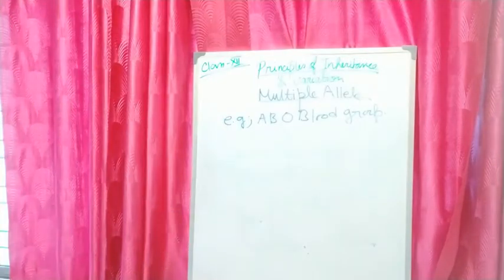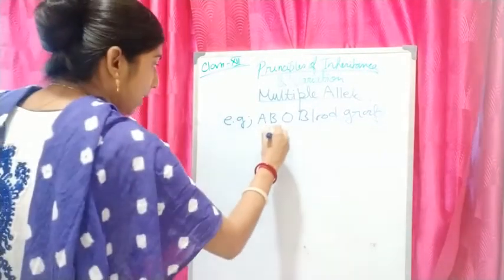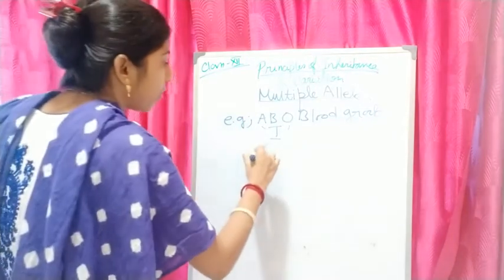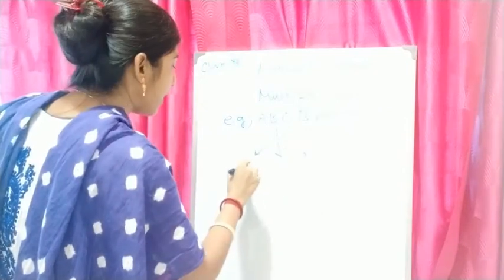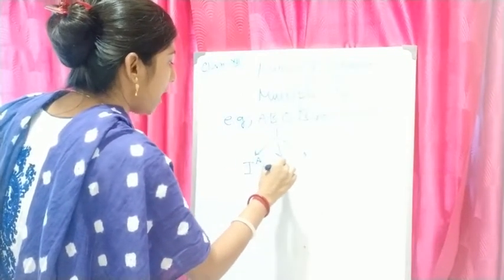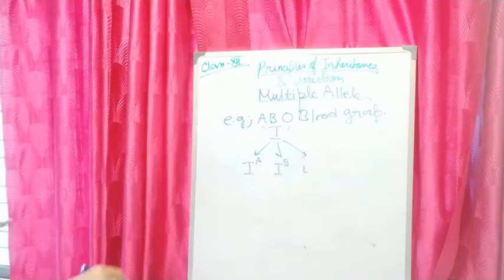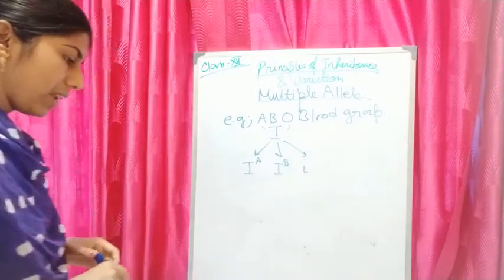How? Because the gene is I, and the I gene exists in three allelic forms. What are these three allelic forms? IA, IB and small i. So this is a good example of multiple allele.